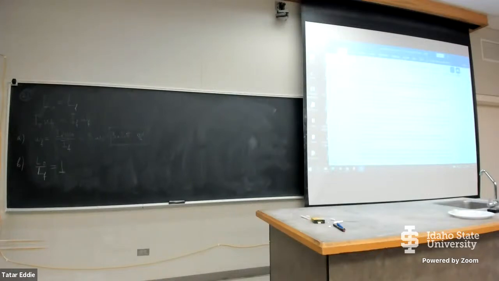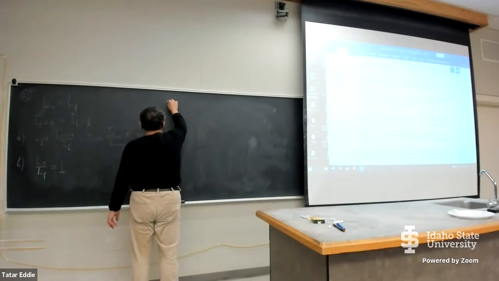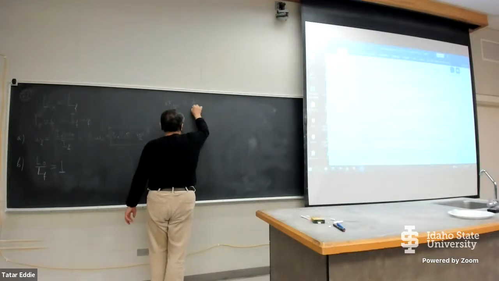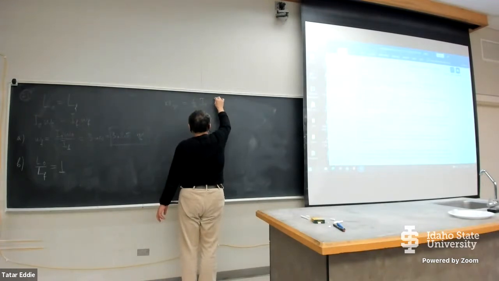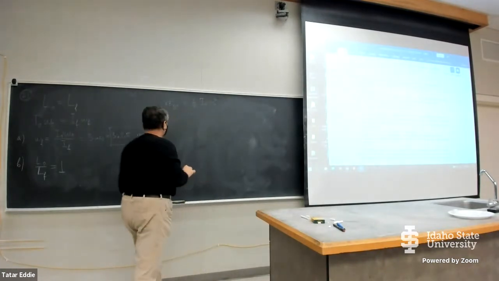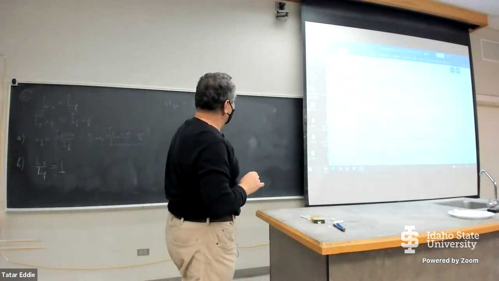Part C, determine the final to initial kinetic energy. So when she is spinning, she has only rotational kinetic energy, and her initial rotational kinetic energy is equal to 1/2 initial moment of inertia times initial angular velocity squared. They want final to initial.